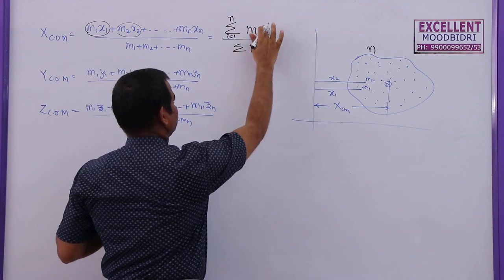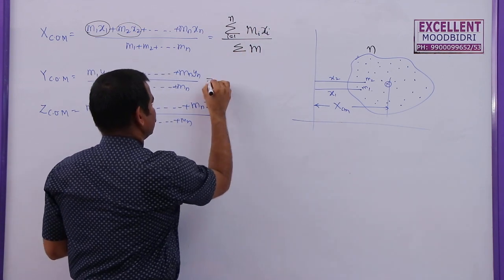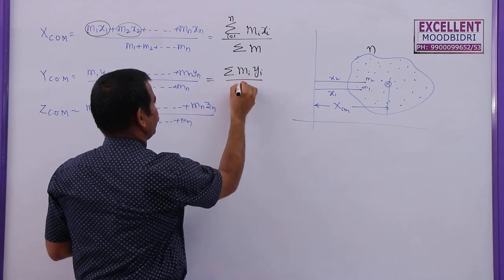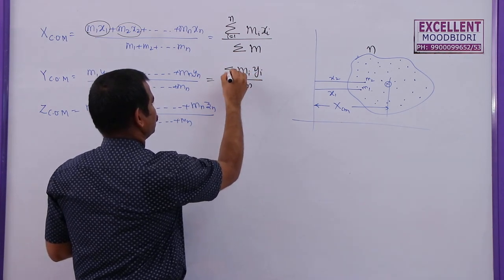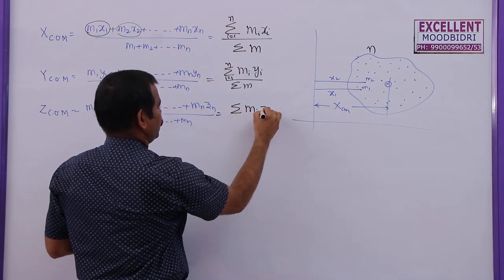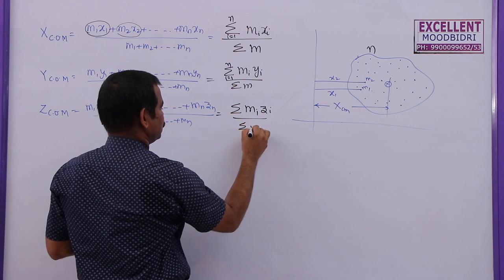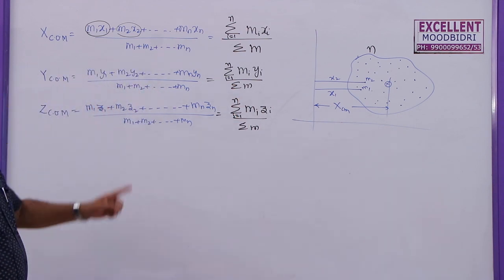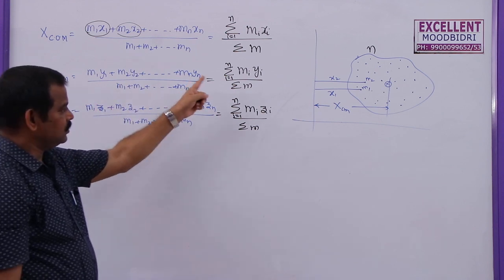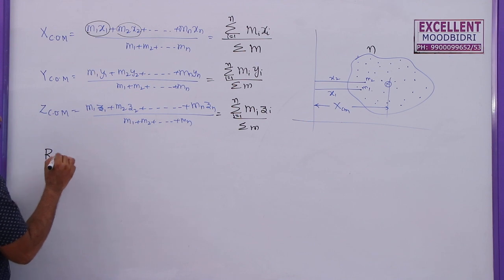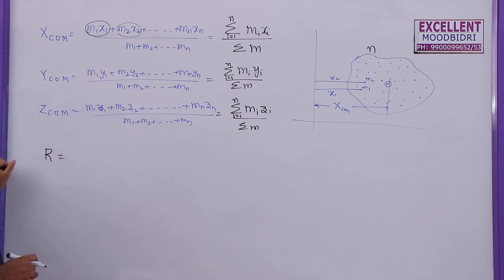Similarly, this is actually sigma mi xi by sigma m. You can write sigma mi yi by sigma m, with i equal to 1 to n. This is sigma mi zi by sigma m, with i equal to 1 to n. Now, instead of this, you can represent the same thing in terms of position vectors.